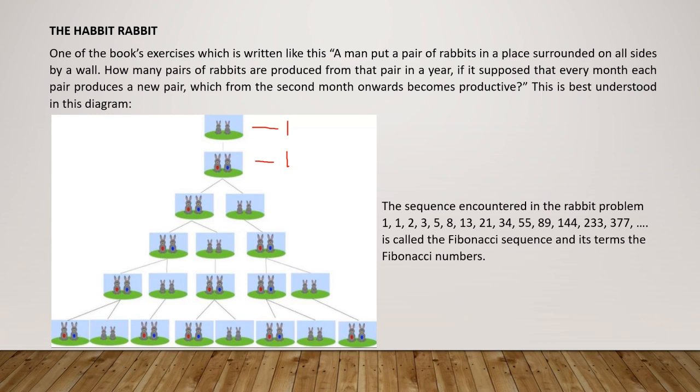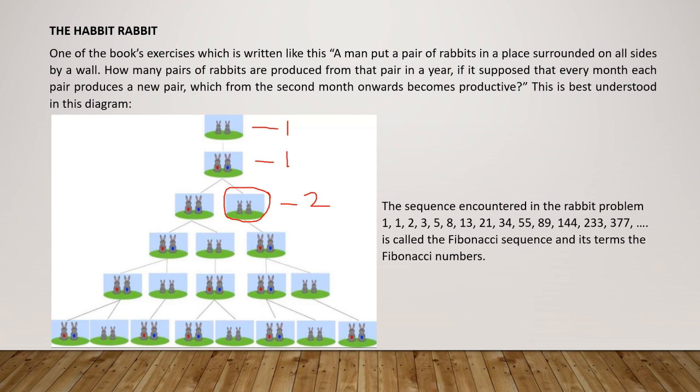Then after the next month, when they are already mature to produce babies, we have another pair of newly born rabbits. It is said that a pair of rabbits can only produce one pair of baby rabbits. And so, for this particular month, we already have 2 pairs of rabbits.